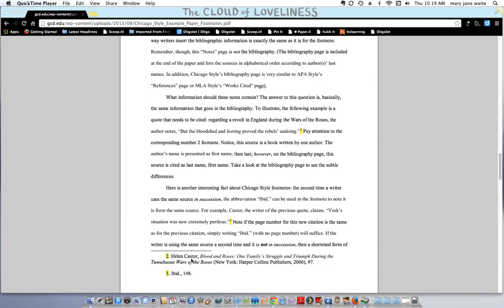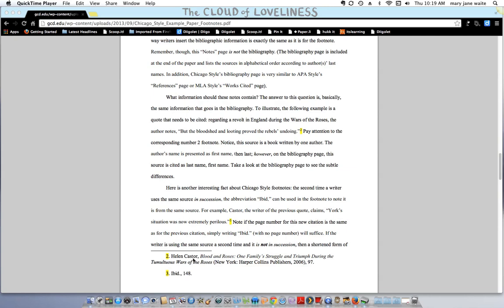Now what's different about the full citation at the foot of the page, as opposed to the bibliography, is that at the foot of the page the author name is not reversed as in other styles of citing. It is the first name, Helen, followed by the last name.